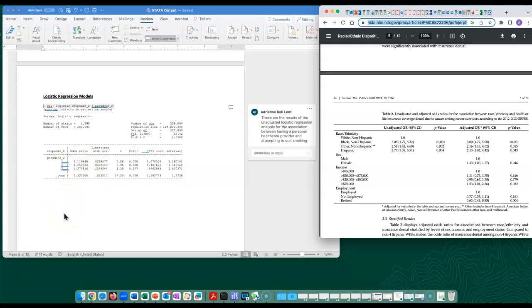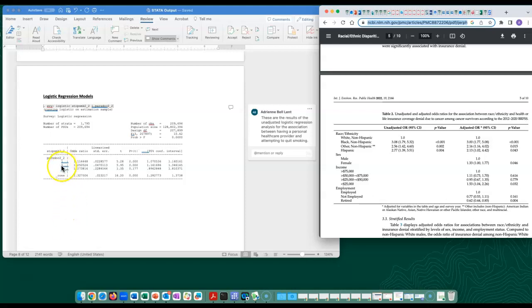So the way we would interpret this is this first one: compared to those who don't have a personal healthcare provider, those who have one personal healthcare provider, those in the 1 value, the odds ratio for having a quit attempt is 1.11 with a p-value of 0.00 and a 95% confidence interval of 1.07 to 1.16.